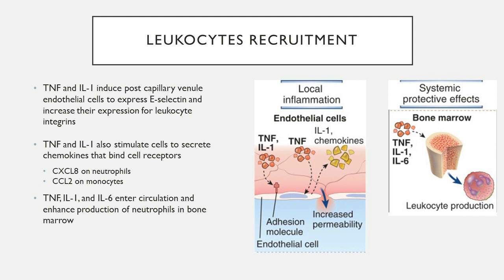Furthermore, these two cytokines also stimulate cells to secrete chemokines that bind to cell receptors. So for instance, we learned that neutrophils are the first responders due to an abundance, particularly at a very early stage, of the chemokine CXCL8. TNF and IL-1 are responsible for that. And it's the same for monocytes and their respective ligand CCL2. But they're not just involved in recruitment, because TNF and IL-1, along with IL-6, enter circulation and enhance the production of neutrophils in bone marrow as well.